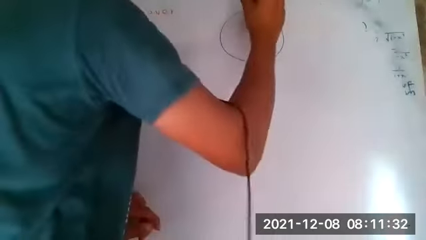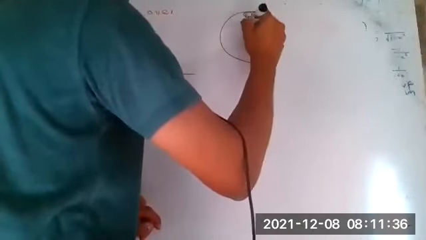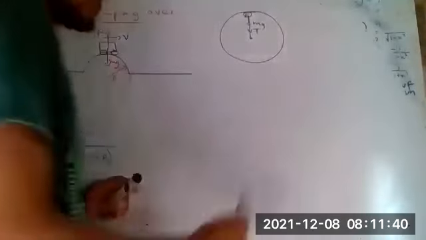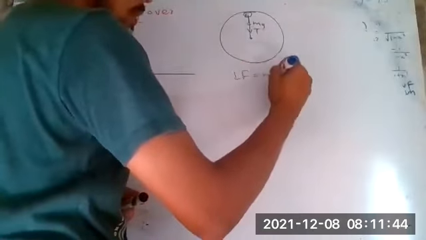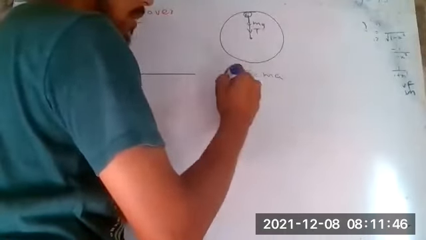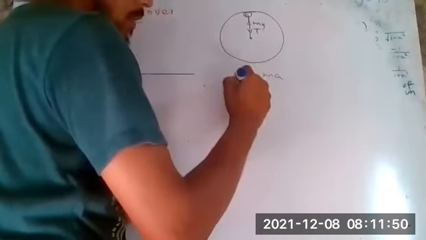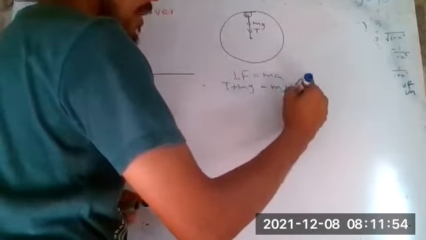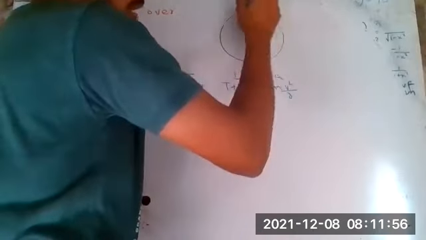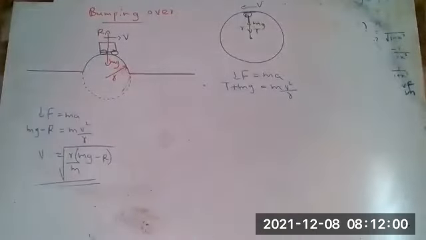Then mg is acting downward, and T is also acting downward. So you can write downward F equal ma equals mg plus T. Mg plus T equals m v squared over r, if the radius is r and it is going with v.